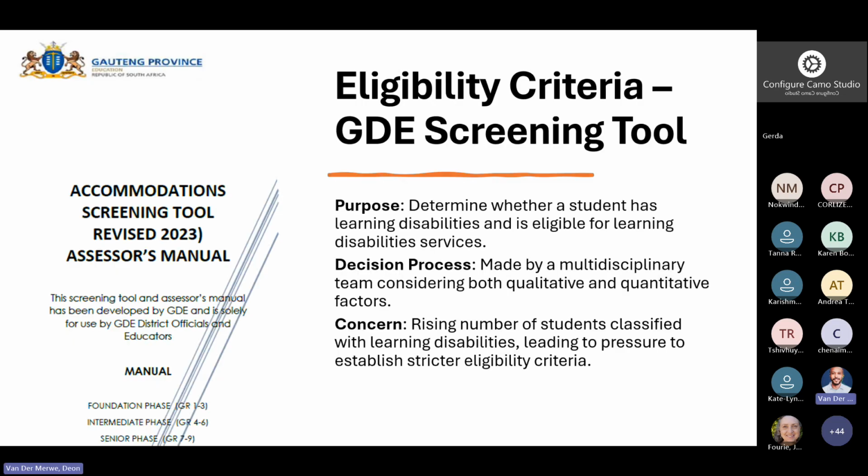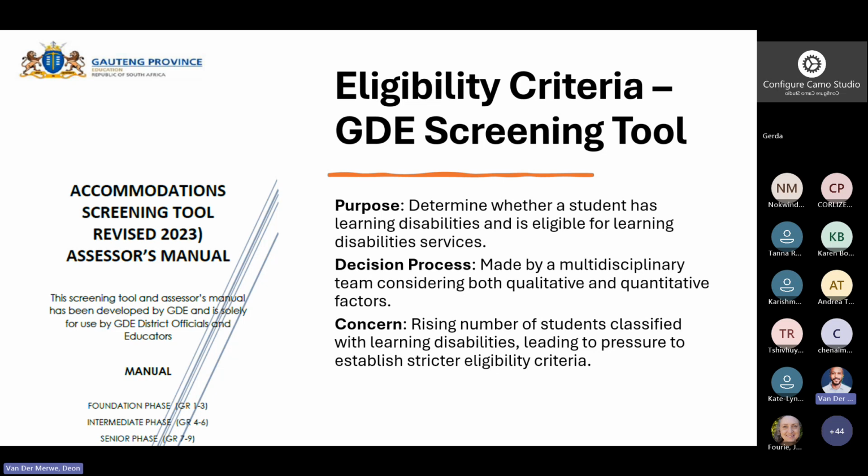And then I also just want to conscientize you of the GDE screening tool, which is not part of the SNART documents that have been provided for you.